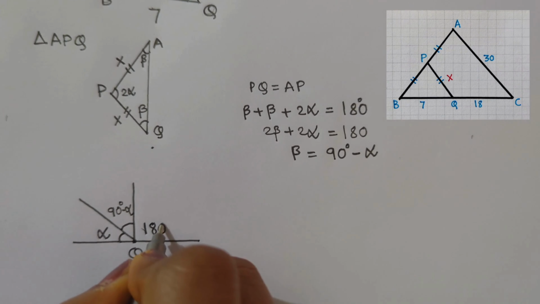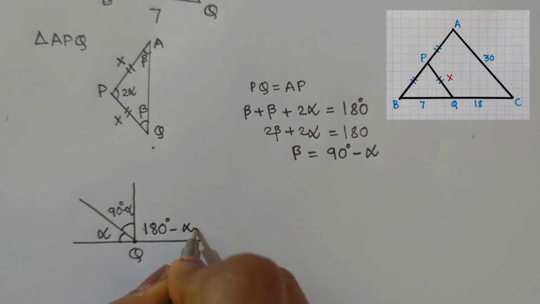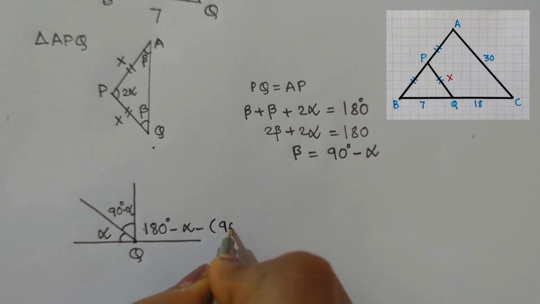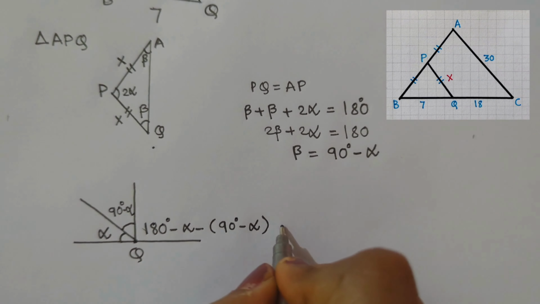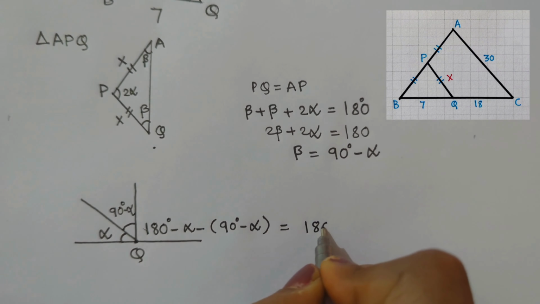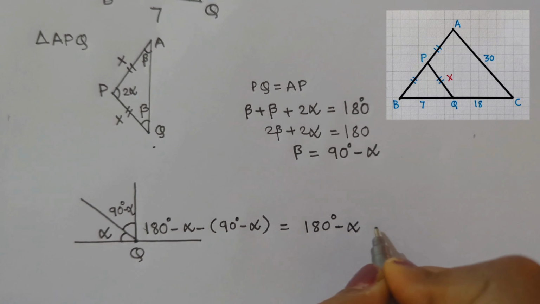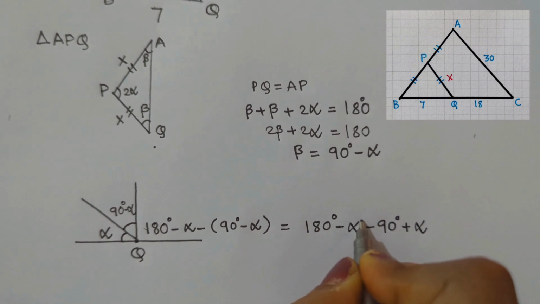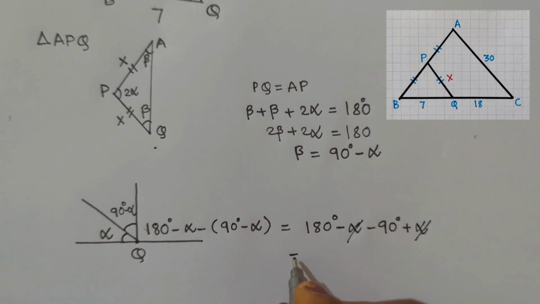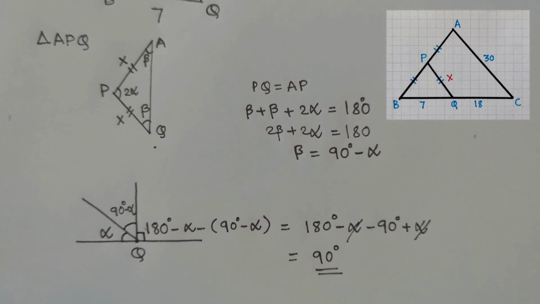That's why it is 180 degrees minus alpha minus 90 degrees plus alpha. Alpha gets cancelled out and the angle comes out as 90 degrees. Therefore this angle is a right angle.